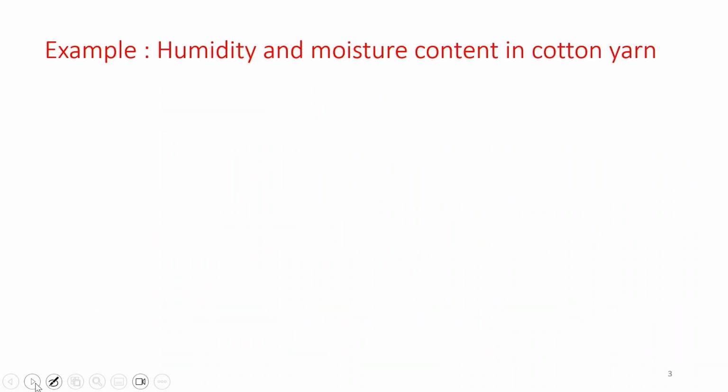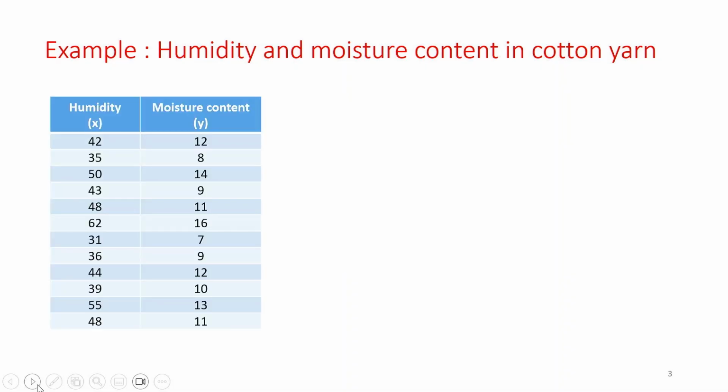As an example, a very common one for us is humidity and moisture content in cotton yarn, or it could be viscose rayon yarn, it could be wool yarn also. We all know that these fibers, cotton fiber or wool fiber or linen fiber or viscose rayon fiber, all of them absorb moisture, and how much moisture they can absorb depends also upon the humidity.